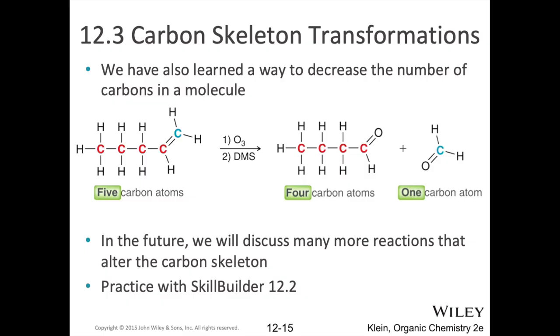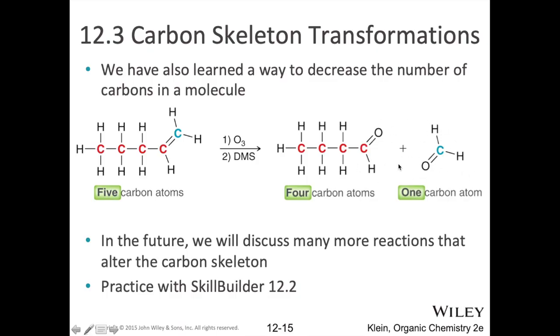Now we've also seen ways to cleave a molecule and therefore shorten the carbon skeleton. Depending on if you have an alkene or an alkyne, you could do an ozone cleavage, and that will give you the corresponding aldehyde, or a corresponding ketone.